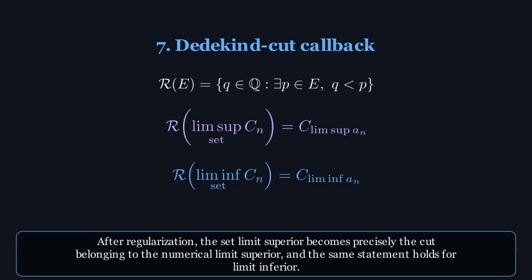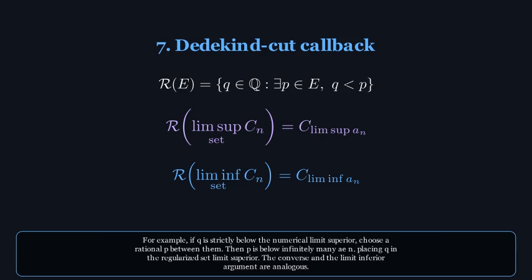And the same statement holds for limit inferior. For example, if q is strictly below the numerical limit superior, choose a rational p between them. Then p is below infinitely many a_n, placing q in the regularized set limit superior. The converse and the limit inferior argument are analogous.